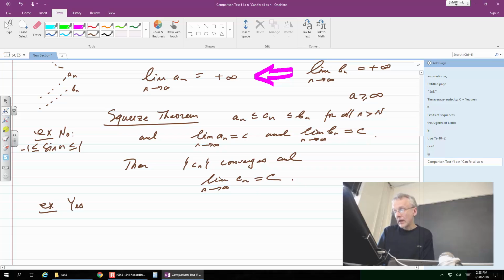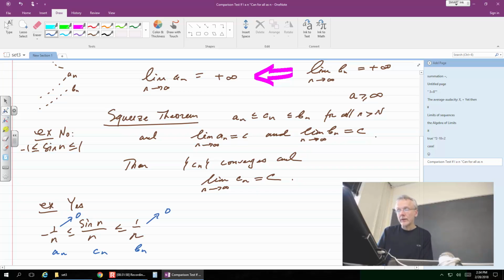It is sine n over n. Remember this? Sine n over n. So if sine n is between -1 and 1, sine n over n will be between -1 over n and 1 over n. Then what we're talking about here is An, Cn, Bn, and the limit of 1 over n is 0.